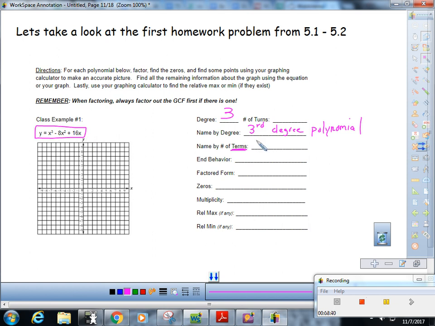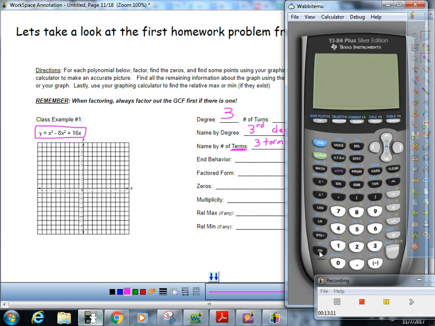So that is called 3 terms, or even better, a trinomial. Tri meaning 3. What's the end behavior? Well, let's just put it in our graphing calculator.